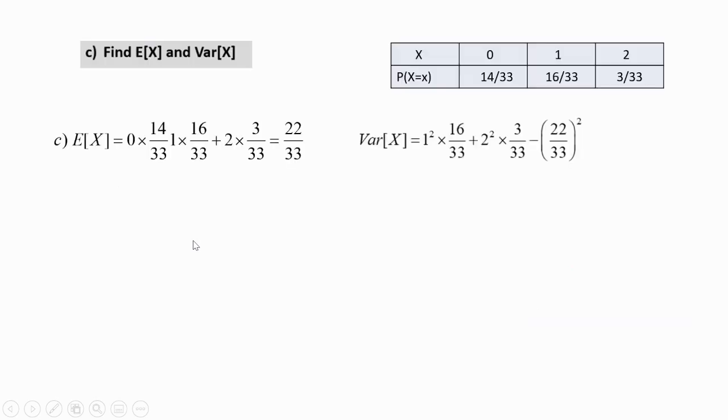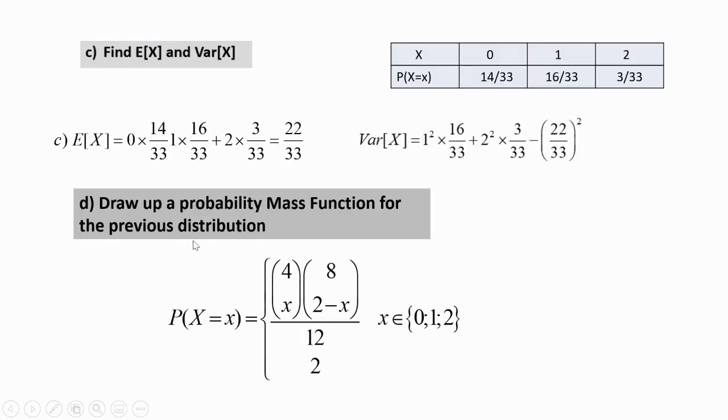So the probability that X equals x, and I'm going to write it as a probability mass function, would be 4 choose x times 8 choose 2 minus x, over 12 choose 2, and my x is an element of either 0 or 1 or 2, and then I've got to put 0 elsewhere in.